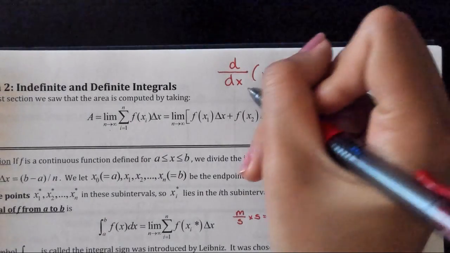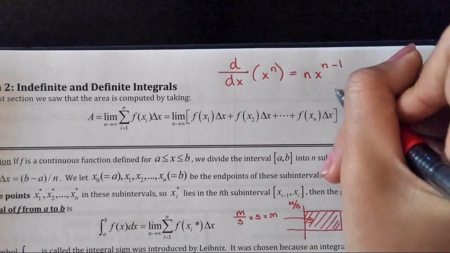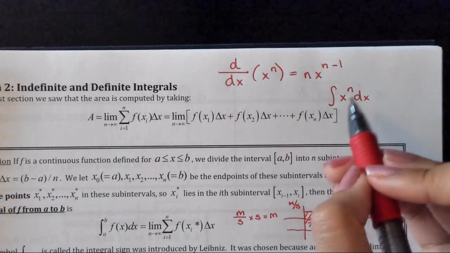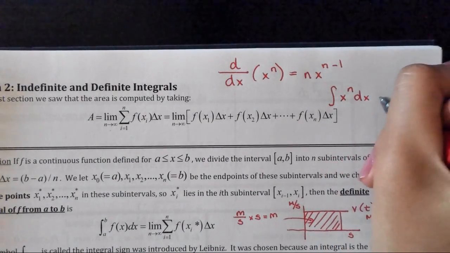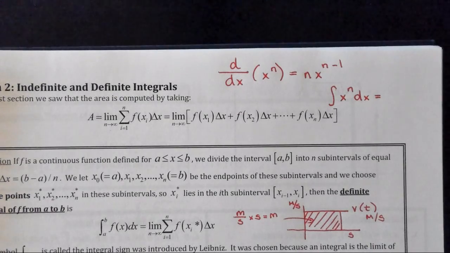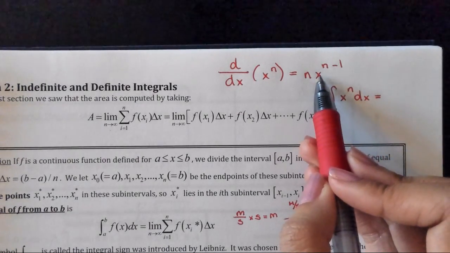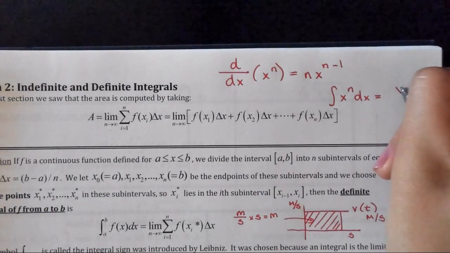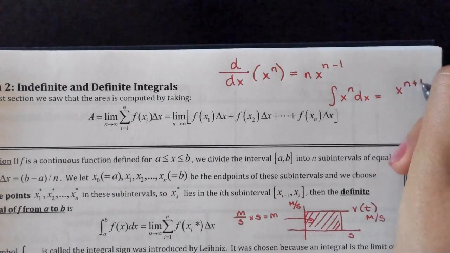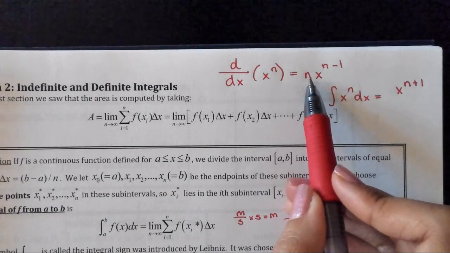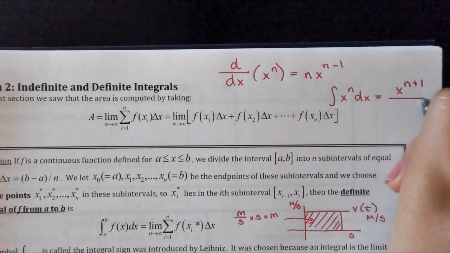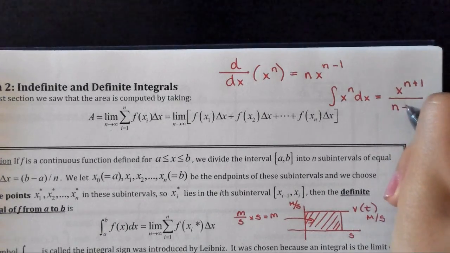If you want to integrate x to the nth power, don't forget the dx, because remember it's area that we're finding. Instead of subtracting 1 from the exponent, we add 1 to the exponent first, and then divide by our new exponent.